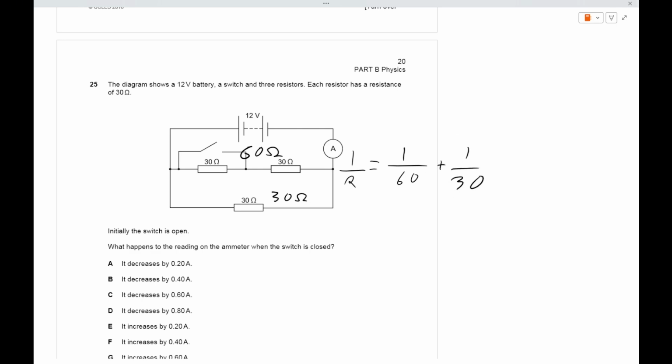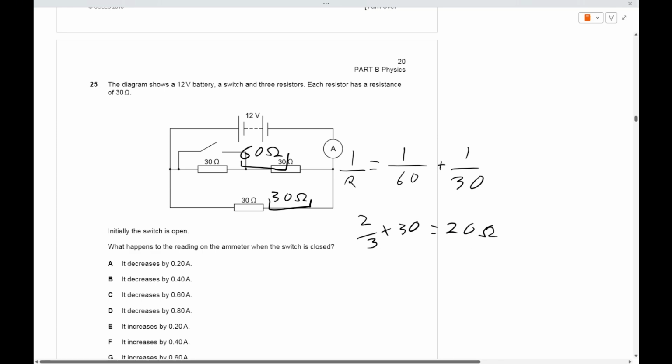But a trick that is useful to know is that if one of the resistances is double the other resistance, it's actually going to be 2/3 of the smaller resistance. It's going to be 2/3 of 30, which is equal to 20 ohms. So you know that the total resistance of this circuit is 20 ohms, which means that the ammeter reading is going to be 12 divided by 20.